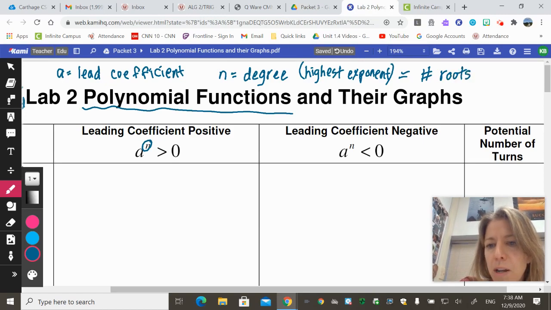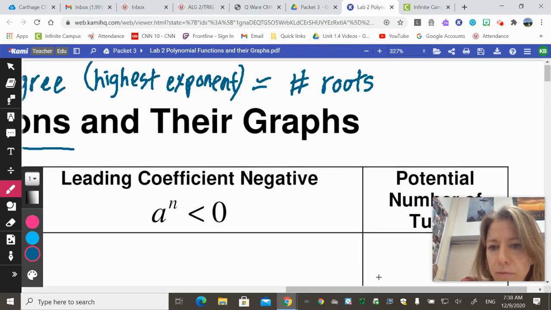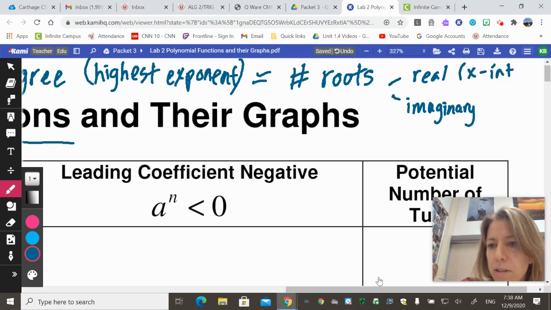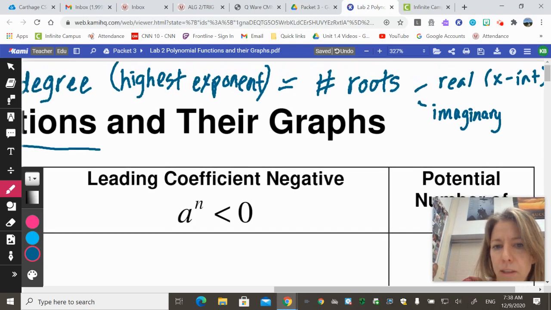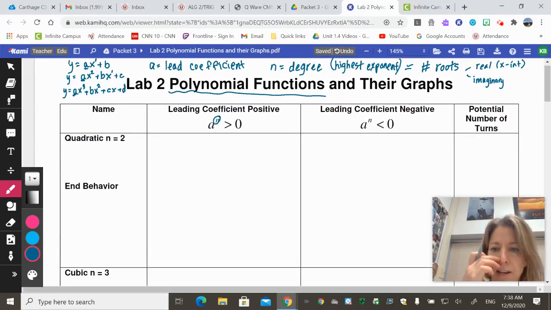And remember, the roots can be either real or imaginary. And only the real roots cross the x-axis, so they're called the x-intercepts. Basically that's a summary of what we talked about last class.